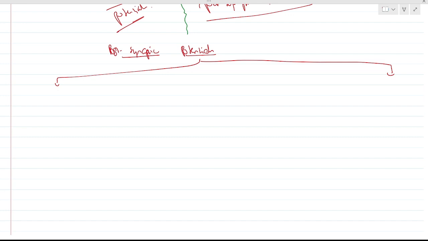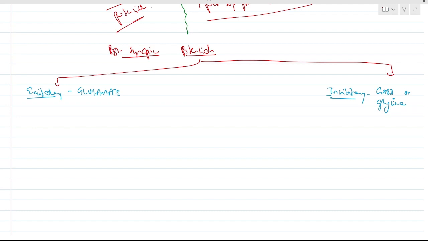First is excitatory, which is due to the glutamate neurotransmitter. The other type is inhibitory, which is due to gamma aminobutyric acid (GABA) or glycine.